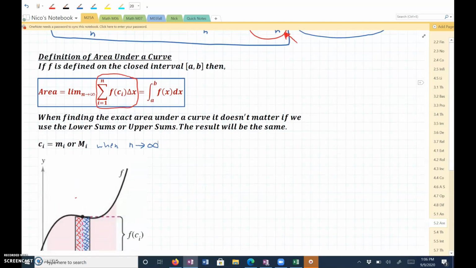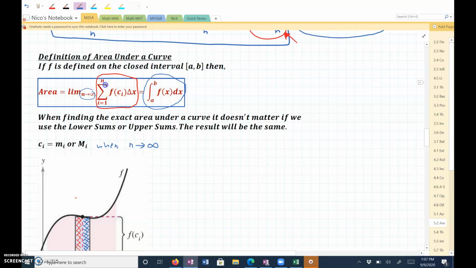So look here. The formula for the area underneath the curve, if we take the limit as n goes to infinity, then we're going to use the summation when i is beginning at 1 to n of f of c sub i delta x, which eventually we're going to learn is the integral notation.